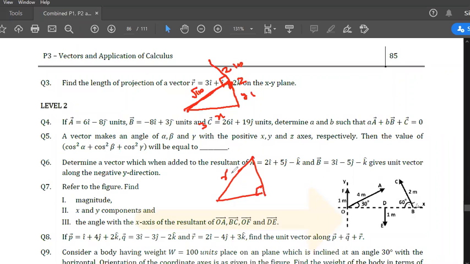So the projection of this vector r, which is given, will be this only, which is root 10. It is not a difficult problem, but you have to imagine.